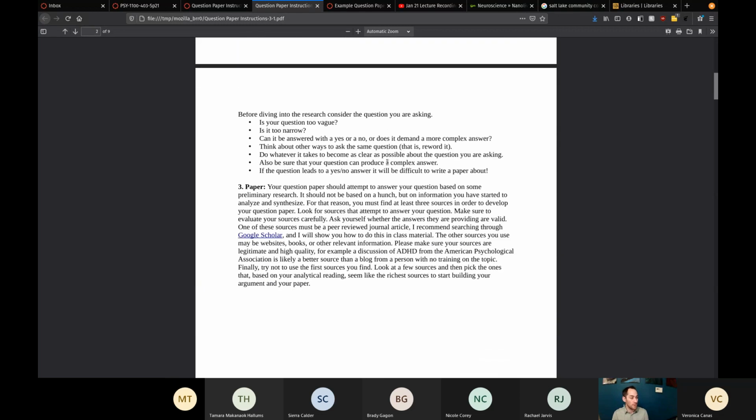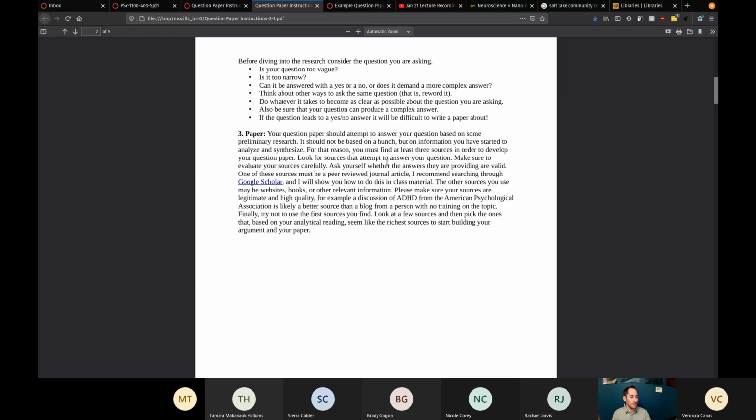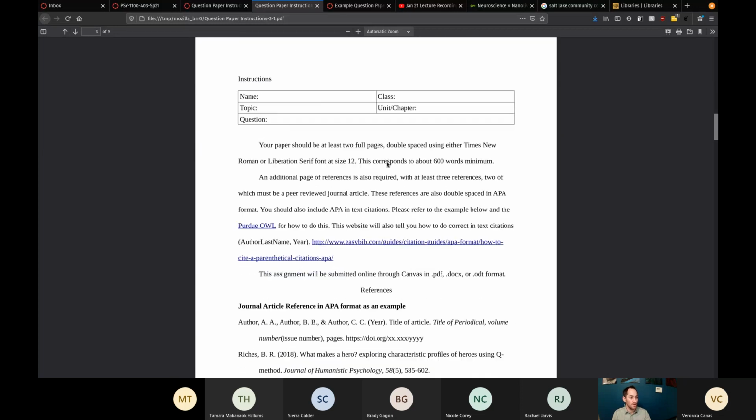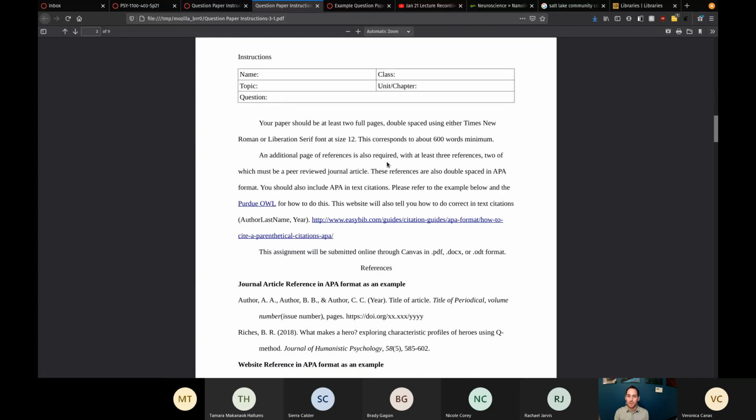But this would be a good thing for you to read the entirety of to make sure that you understand what's expected of you. Essentially, the end product, what you're turning in, will be a 2-page double-spaced paper on a topic of interest to you. So something that we touch on in class might inspire you. We talked at length recently about epigenetics.